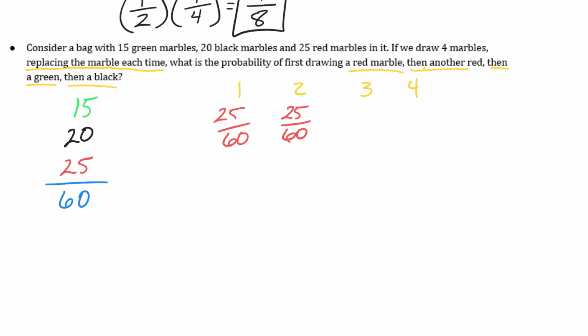And the third one was a green marble, excuse me. There were only 15 green marbles out of the 60. And then it finally says the probability of selecting a black marble. Well, there are 20 black marbles out of 60.